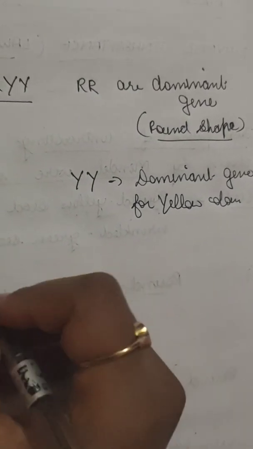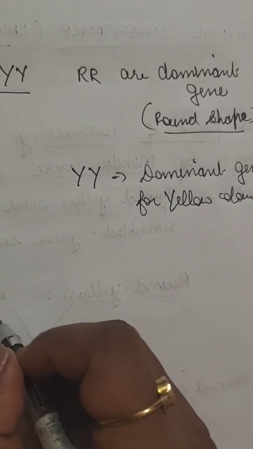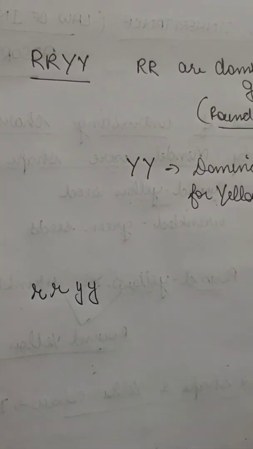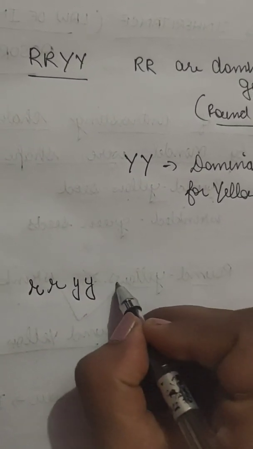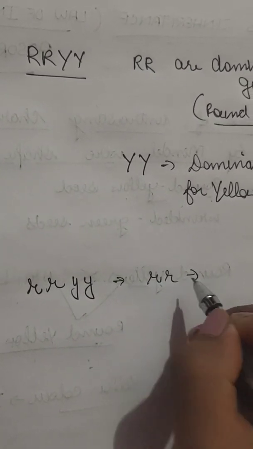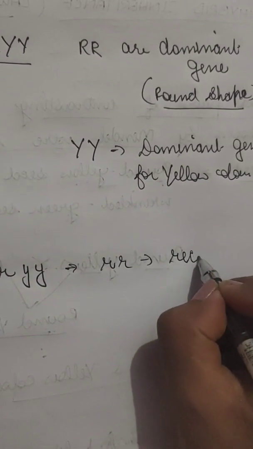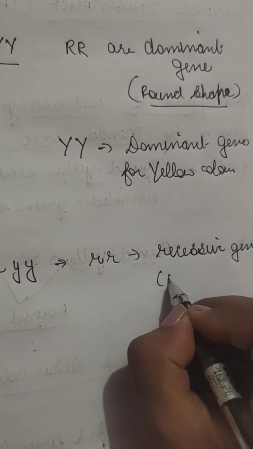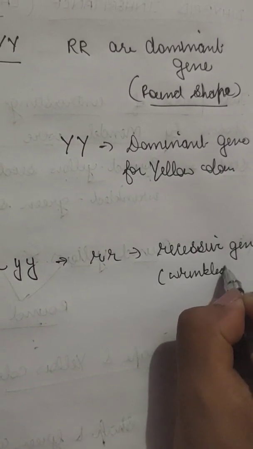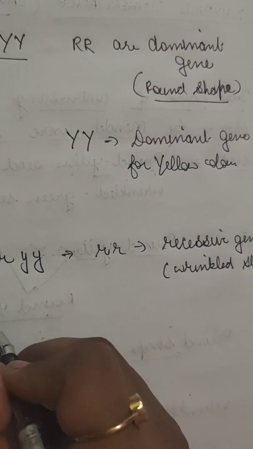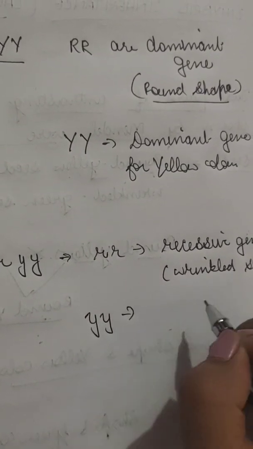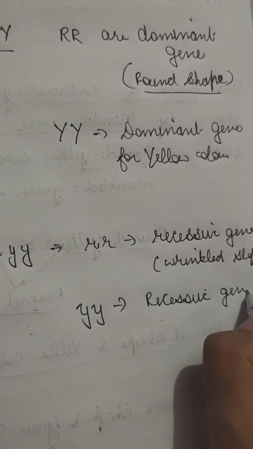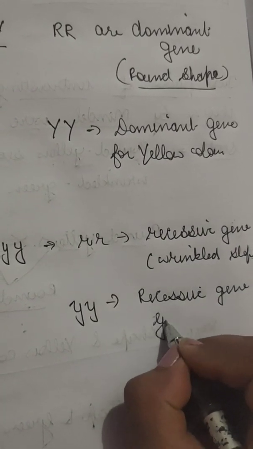Now a small r and a small r and a small y and a small y. This small r stands for the recessive gene for wrinkled shape, and this small y and small y is again the recessive gene for the green color.